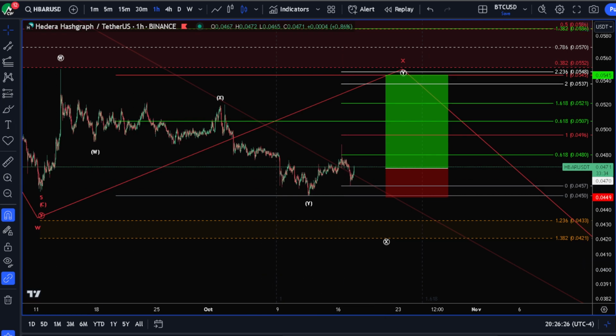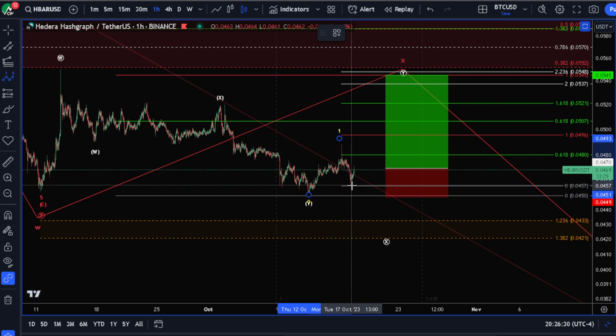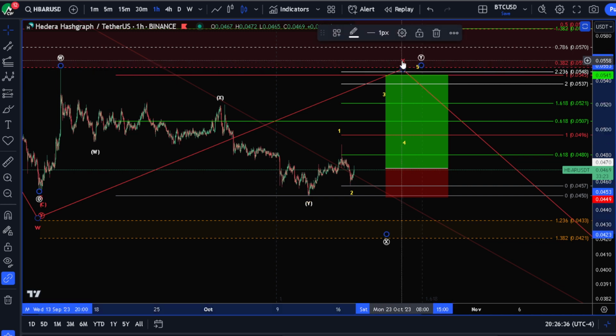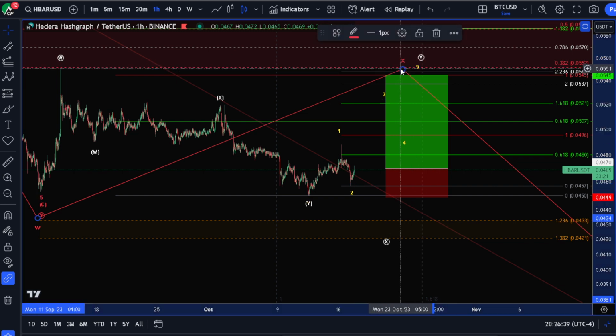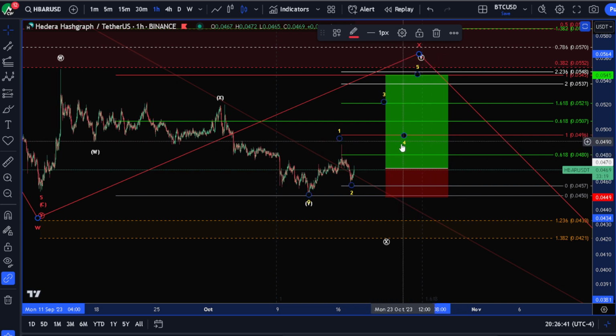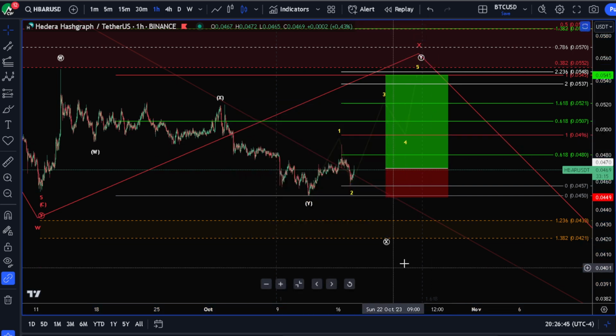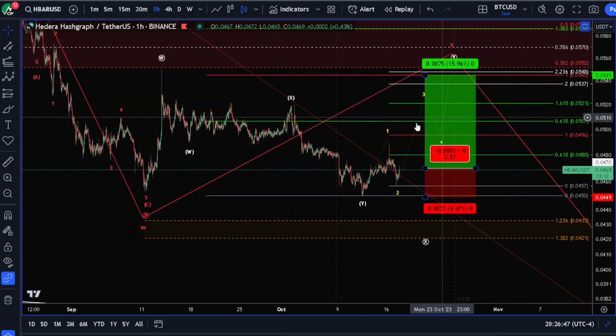So that's what we'd be looking at for an ABC. Be looking for a 1, 2, 3, 4, and 5, like so. And that would give us an ABC before looking for a short to the downside.